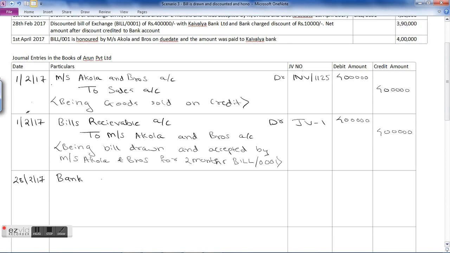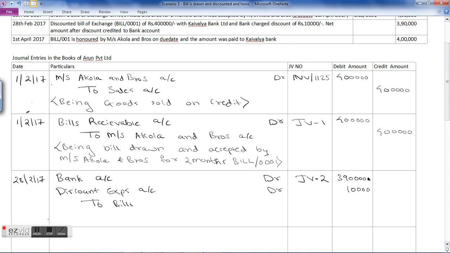So the entry here will be bank account debit, we'll put it as JV2. Okay, how much? 3,90,000. Then discount expense account debit, how much is the discount that has been charged? 10,000.